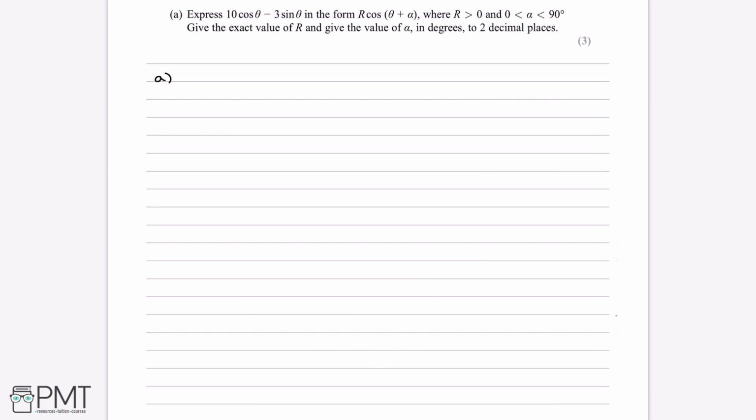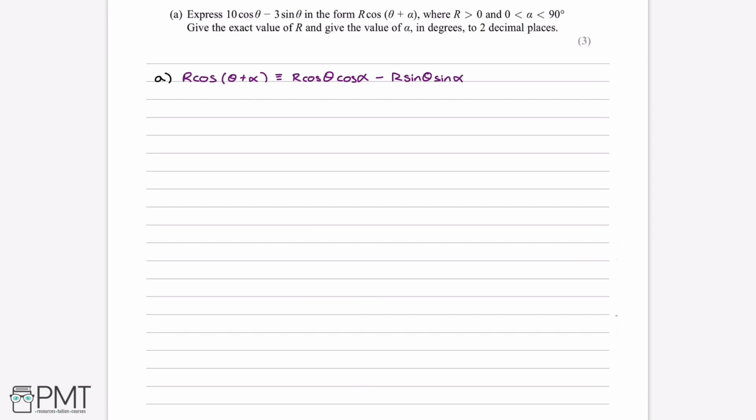So the first thing we want to do is recall the identity that states that r cos(theta plus alpha) is identical to r cos theta cos alpha minus r sin theta sin alpha.